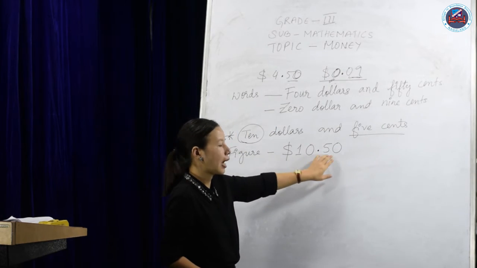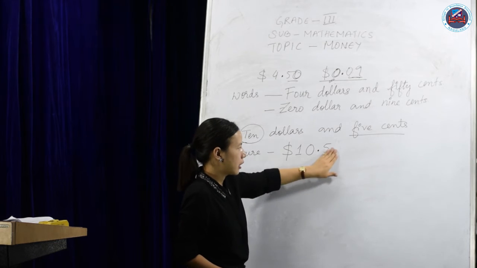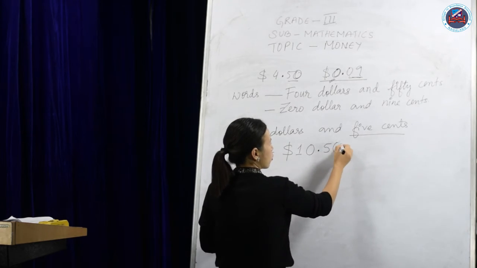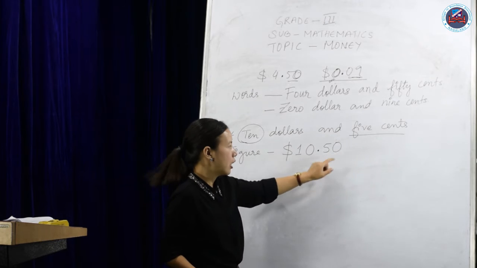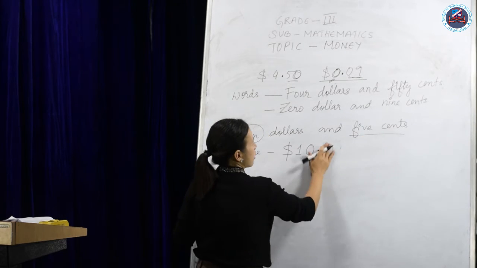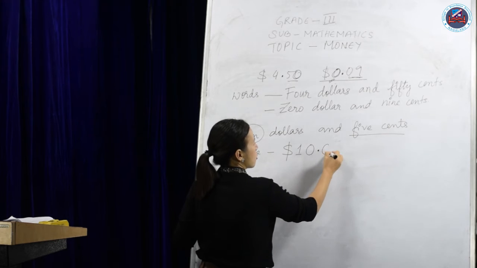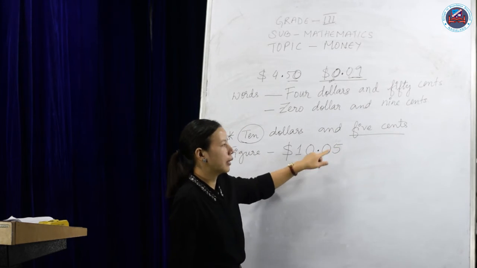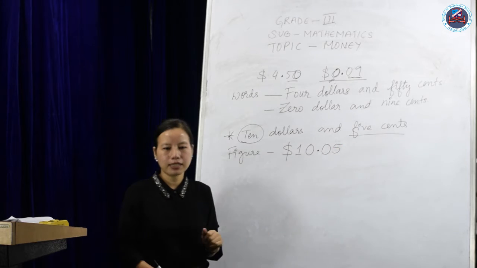Because after the point, there has to be 2 digits. So if you have written as 5, so for the next digit, since nothing is there, we will take it as 0. So that makes 50, which is wrong. It says 5 cents. So for 5 cents, what you have to do is first put the 0 and then write 5. So that makes 0.5 will be counted as 5 cents.